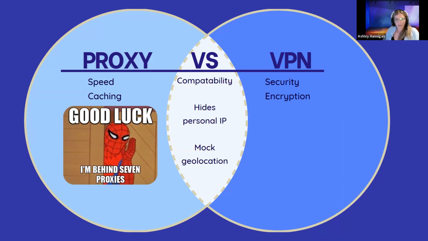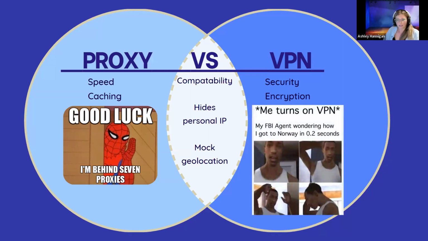You just need to configure them for such. Both also hide your personal IP address and only expose their own. Both also can mock your geolocation, again, like our Bondi Rescue TV show. VPNs, however, beat proxies in terms of security because it uses encryption to mask the IP address and data, so it's unreadable by unauthorized users.